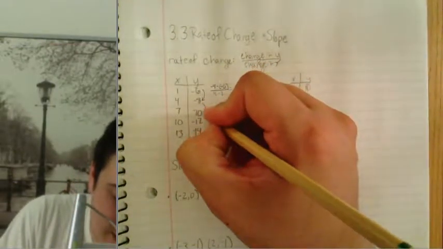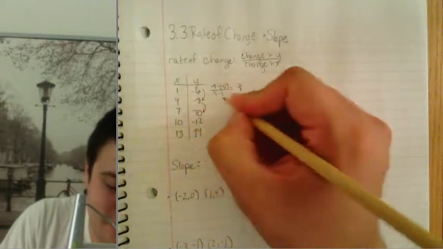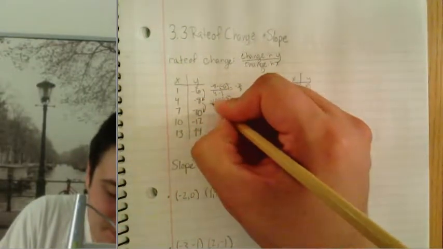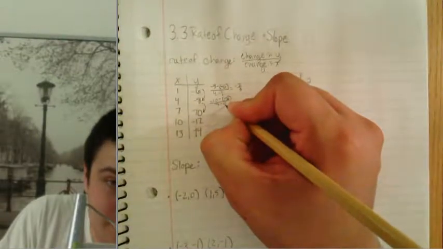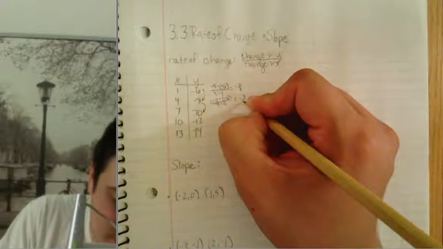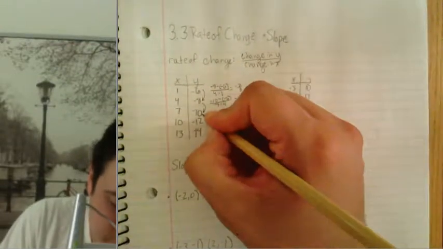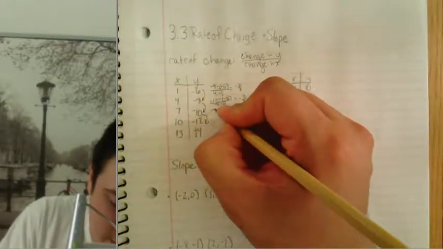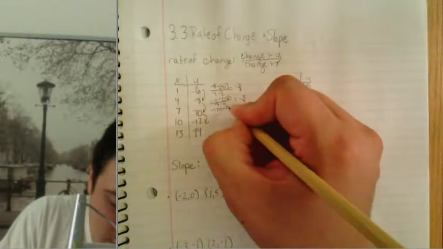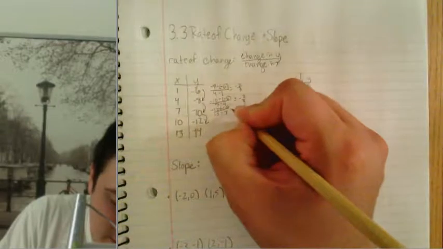From this point here, we have -10 minus -8, and 7 minus 4, which gives us another -2/3. From this point to here, -12 minus -10 over 10 minus 7.